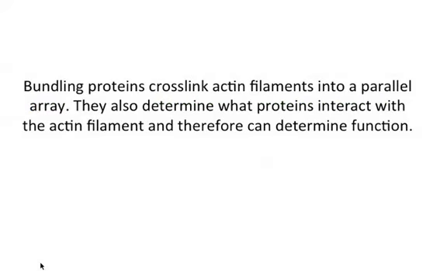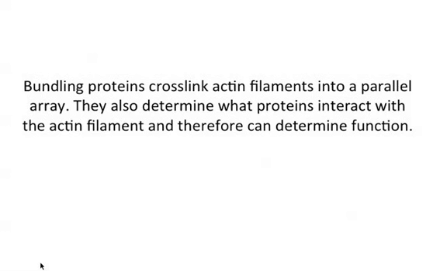Bundling proteins cross-link actin filaments into a parallel array. You guys know parallel, right? Think of a bundle of sticks. You line them up all together, a bundle. So they're going to be doing that, your bundling proteins.